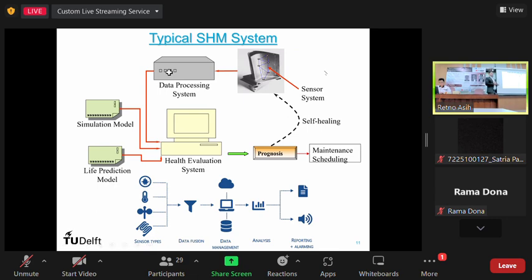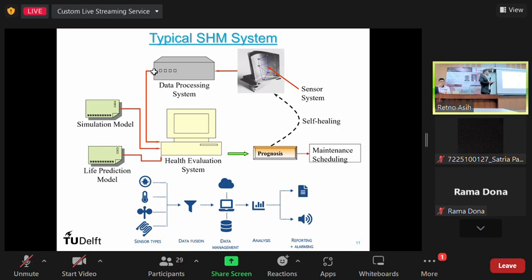And here is a simple example of how a structural health monitoring system works. We have our structure, in this case, for example, a metallic blade, like that used for engine blades. You have the sensors.